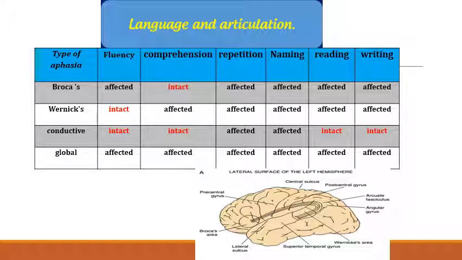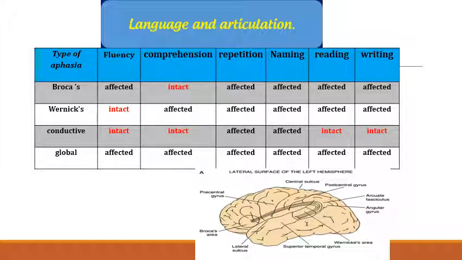So the fluency will be affected, but the comprehension will be intact, and other items will be affected. On the other side, if the lesion affects Wernicke's area, the patient can't comprehend but can speak fluently, and all these items are affected.